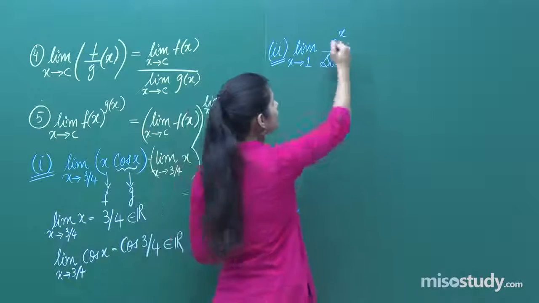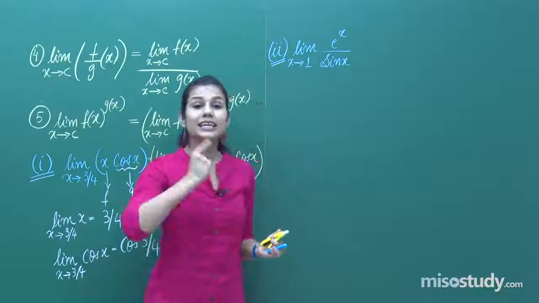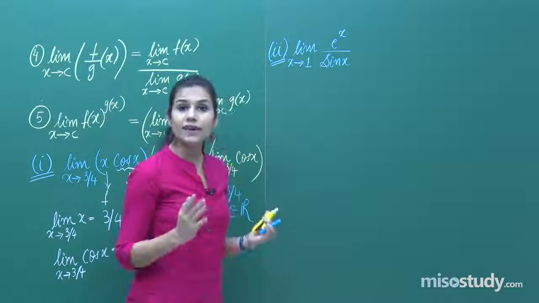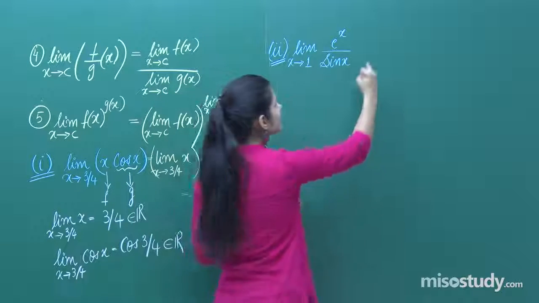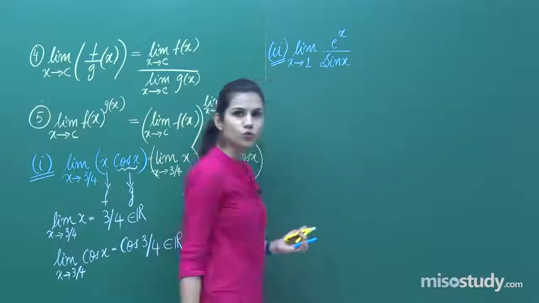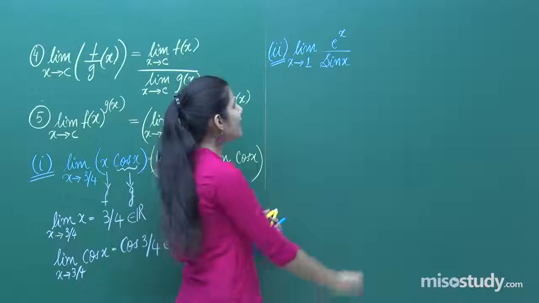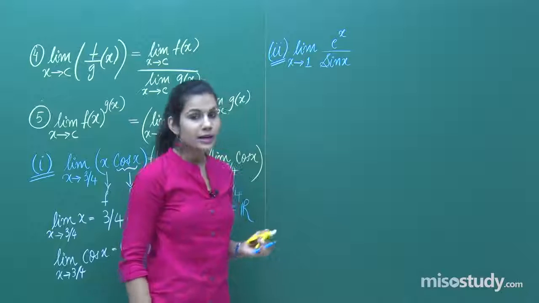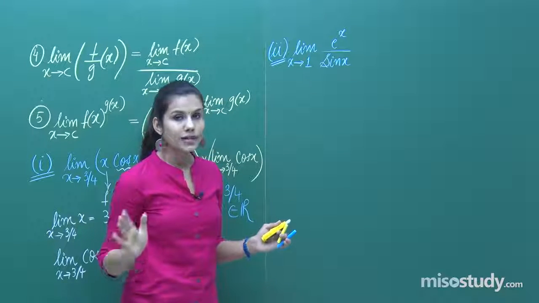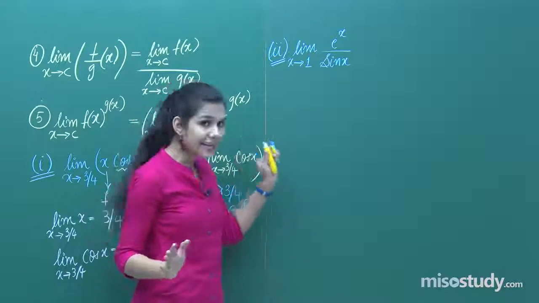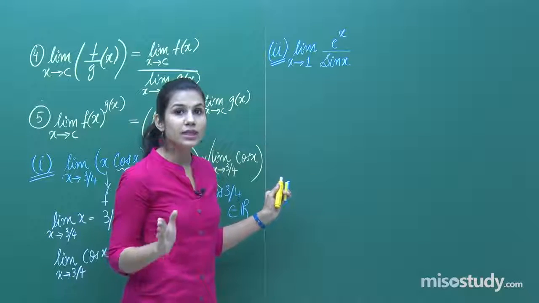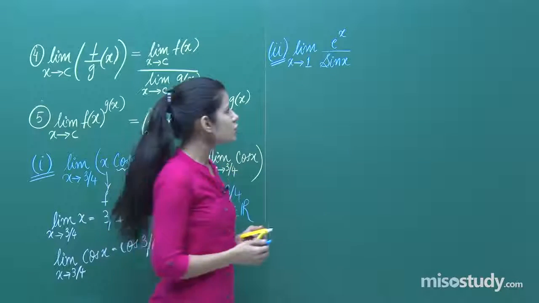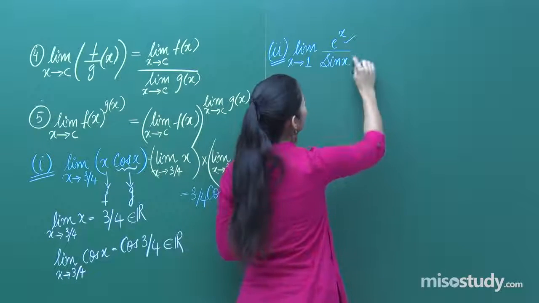Here, the quotient of these two functions has been taken to create a new function, e to the power x upon sin x. I am asking you to evaluate the limiting behavior of such an algebraic combination of these two functions. By the properties that we have done till now under the algebra of limits, the hint is that you should be aware of the limiting behavior of the individual functions involved in the algebraic combination. So the individual functions: one is e to the power x, one is sin x.